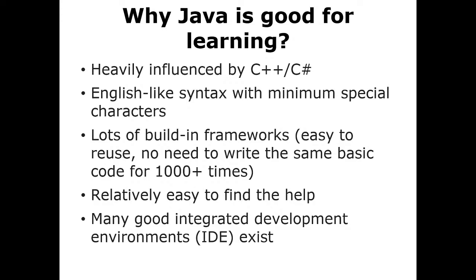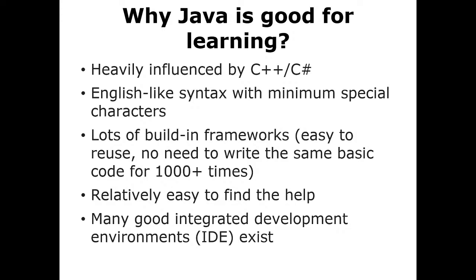Of course, it's English-like syntax. So for those who don't know English, it's easy to understand the code. Of course, there are some tricky points there, but in general, it's easy to understand what is written in Java.